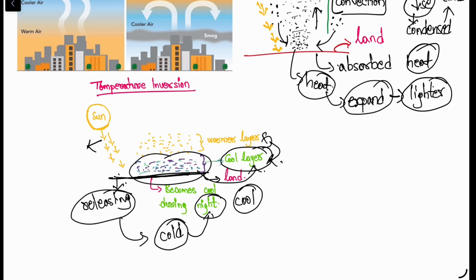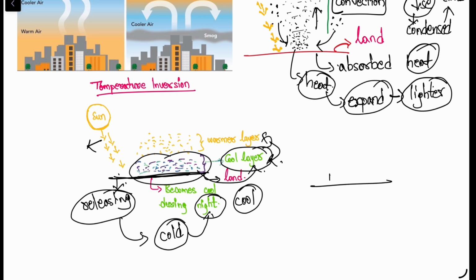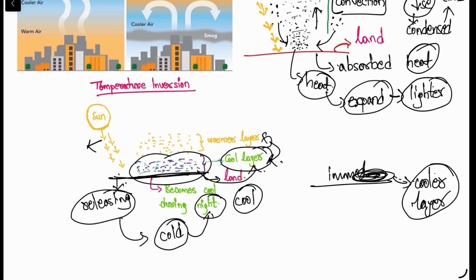So because of that, the earth surface is immediately surrounded by the cooler layer. The air particles will be cooler here because the earth is already cool and it is transmitting that coolness to the air layer immediately above it, and the layers above this cool layer are warmer than the cool layer below it.